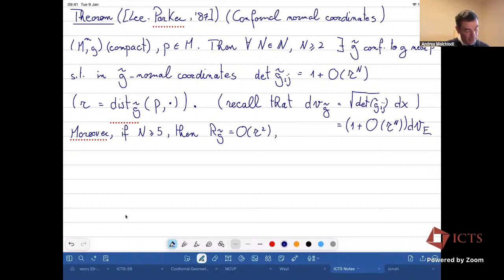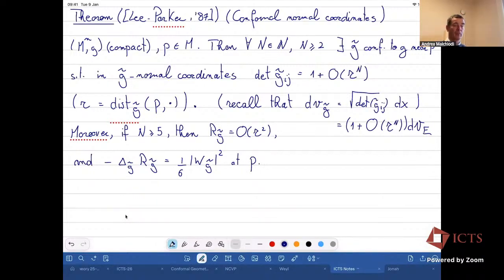And minus the Laplacian with respect to g tilde of Rg tilde is equal to 1/6 times the square norm of the Weyl tensor of g tilde at P. Okay, so the scalar curvature for the metric g tilde, if we fix the point P, behaves like this.